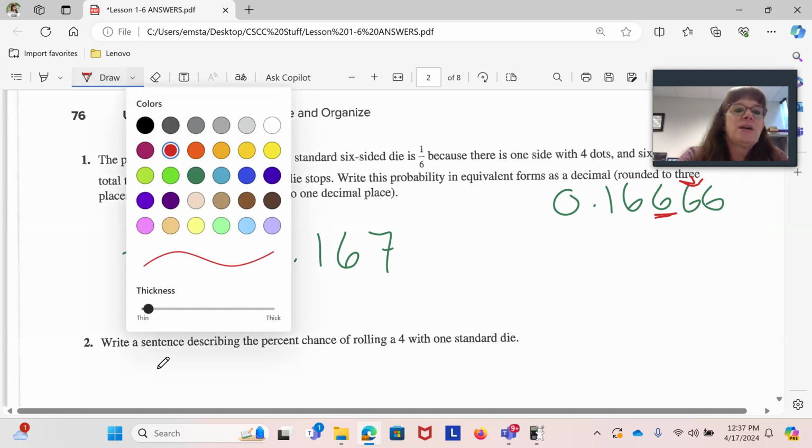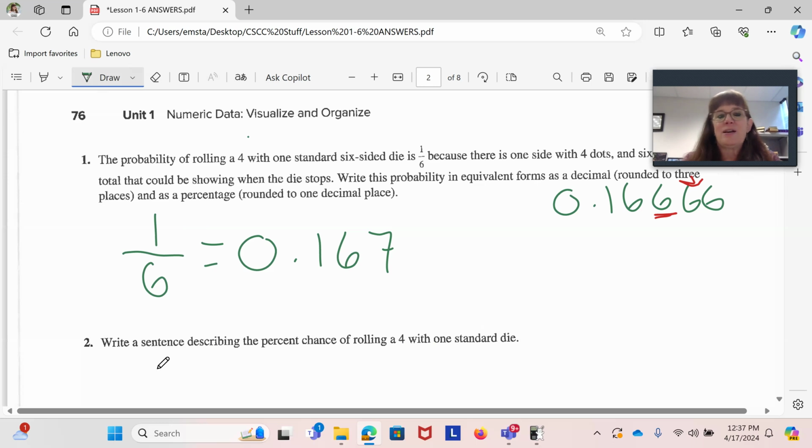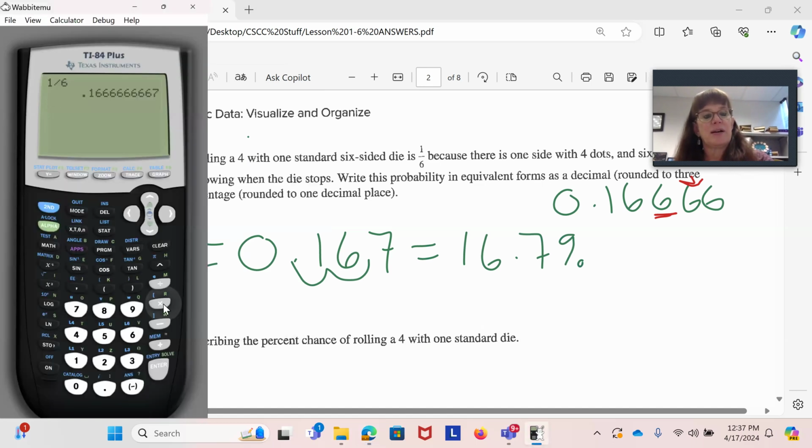And then they asked me to write it as a percent. So as a percent, I could either manually move the decimal 2 places over and say that my answer is 16.7%. Or I could get out my calculator again and multiply the answer I got by 100. So we have 16.7%.